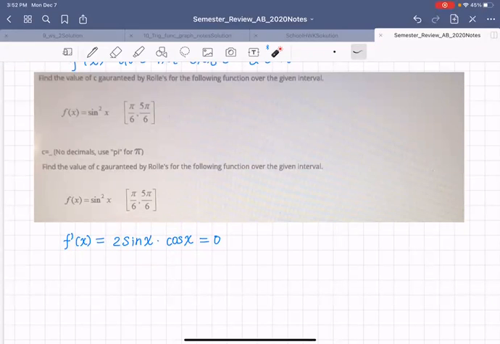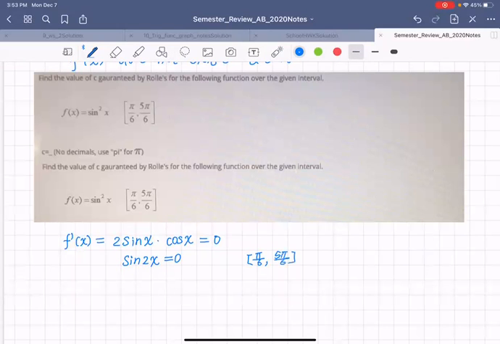That's the derivative of sine squared x, which is sine 2x. Okay. So now you want x on the interval.